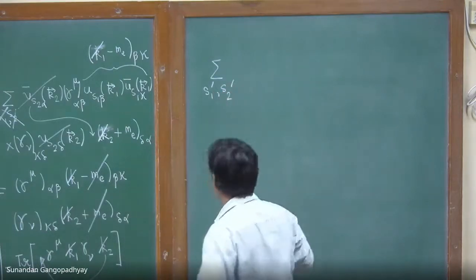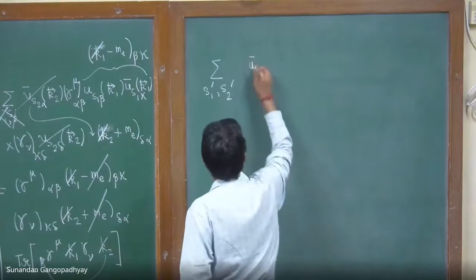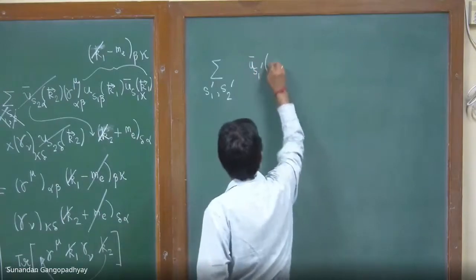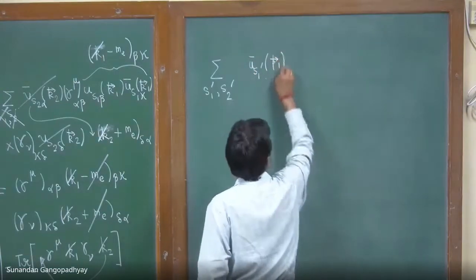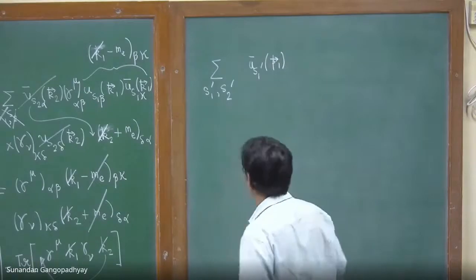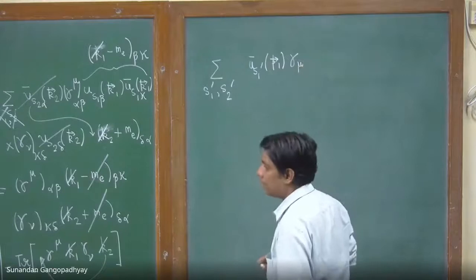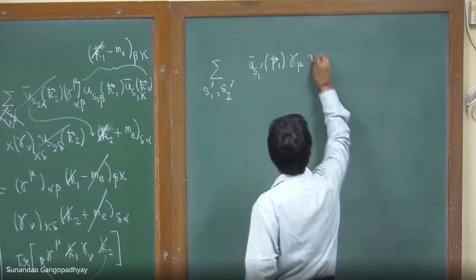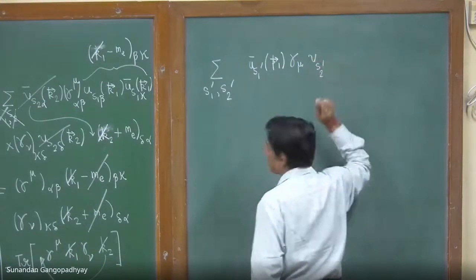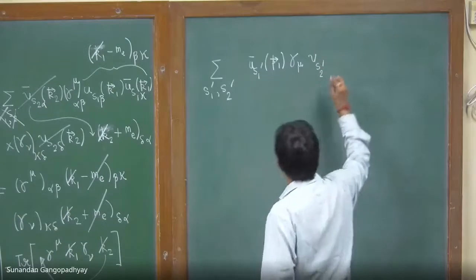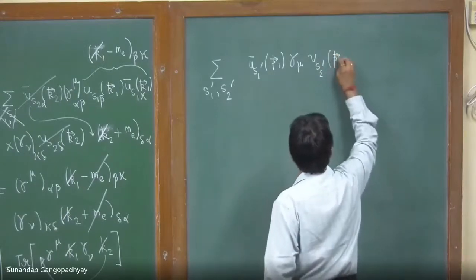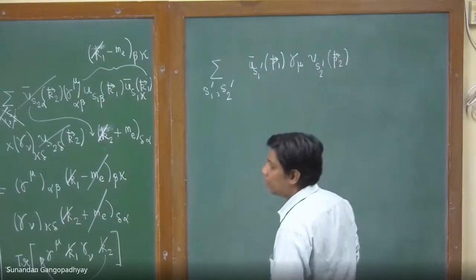Let us write down the expression for that. U bar S1 prime P1 gamma mu U S2 prime P2.